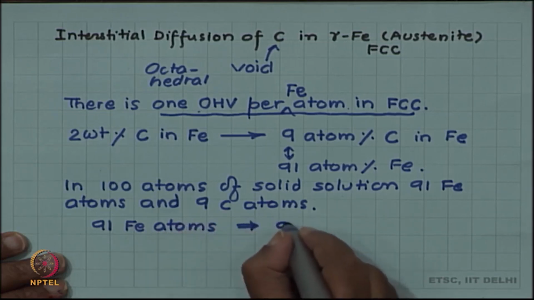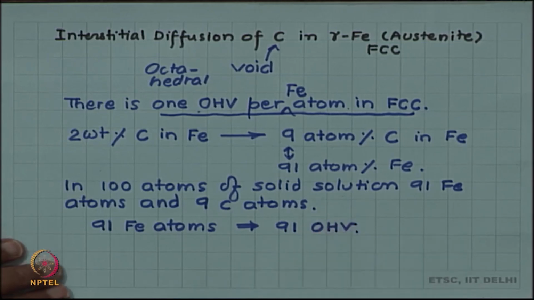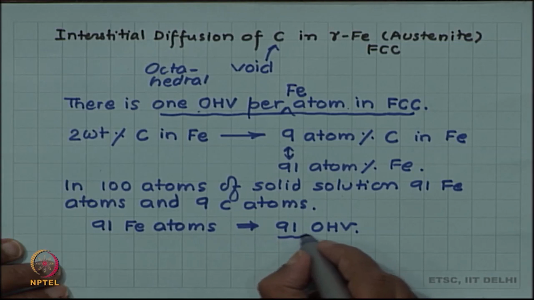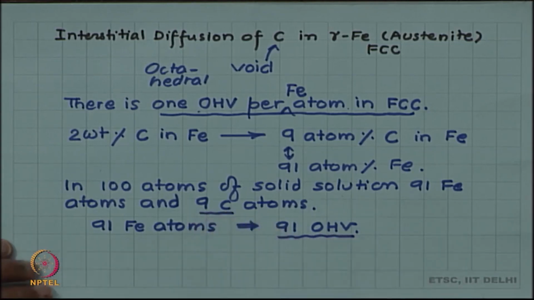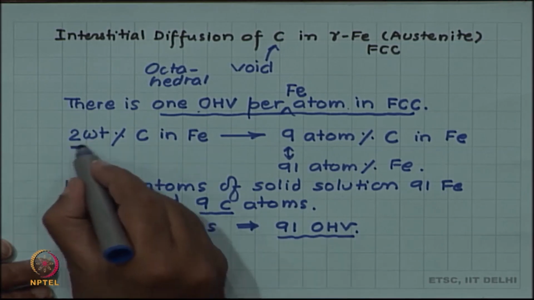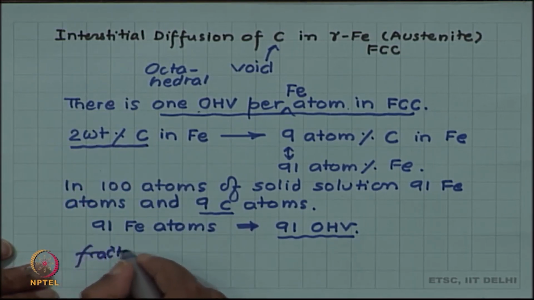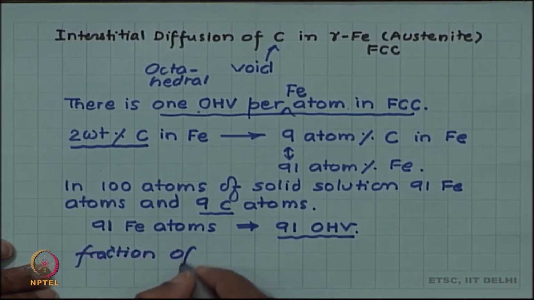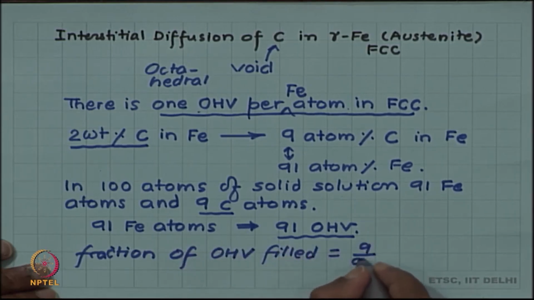Atoms will imply 91 octahedral voids. So, you can now see you have 91 octahedral voids, but only 9 carbon atoms. So, even with the maximum concentration, the fraction of octahedral voids filled is 9 by 91.